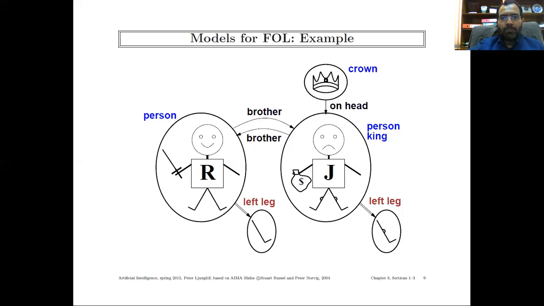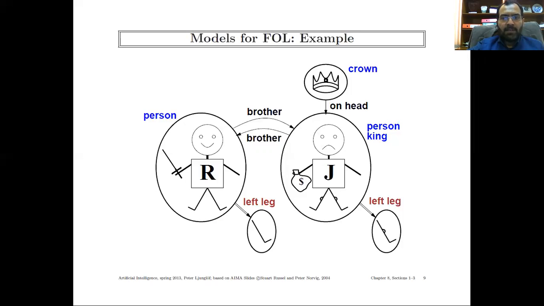This is also true. There is another object in the diagram, in the model you can see, that is a crown. Crown is not a person. So person is not related to crown, but crown has a relationship with John. Why? Because John is a king. So what is the relationship of crown with John? It is on head.